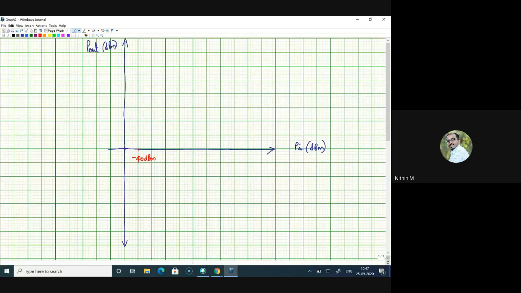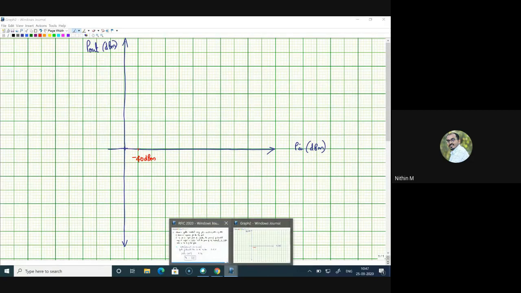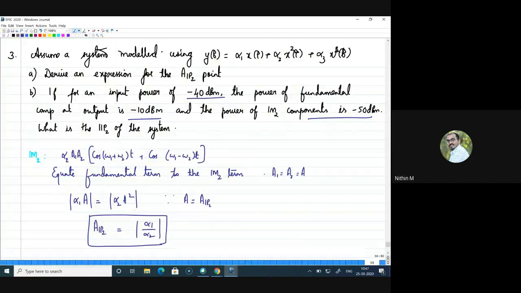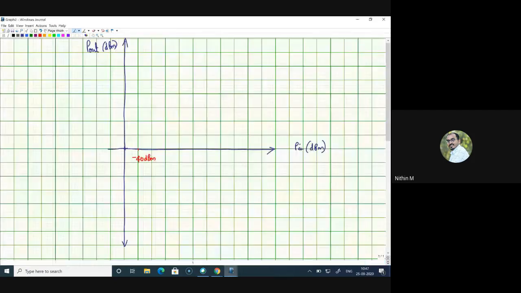For that minus 40 dBm at the input side, at output I am getting a fundamental term of minus 10. So say I'll take it over here. This is minus 10 dBm. So this is how my graph is. Since it is fundamental, it will be going with a slope of 1, proportionately in the log scale as well.